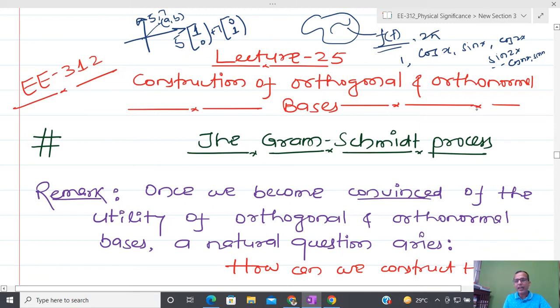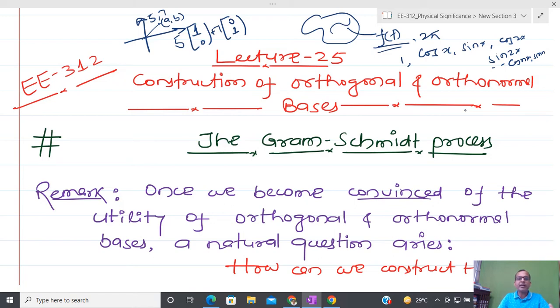What we observed in the previous class is that if I have an orthogonal basis, then just dividing by the proper norm gives an orthonormal basis. The norm is formulated with the help of the inner product, which is why I say proper norm. If I am in Euclidean space, then everything is simple. But if we are not in Euclidean space, then I have to define the inner product in some proper way, and corresponding to that inner product I have to find the norm.